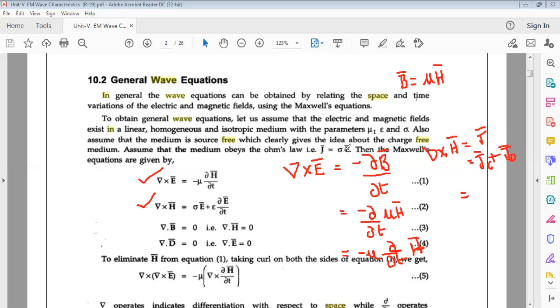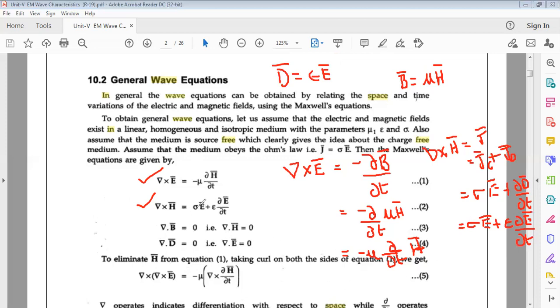From Ohm's law, JC is equal to sigma into E bar, plus JD bar is dou D bar by dou T. The second term can also be written in terms of E bar, epsilon into dou E bar by dou T, because D bar is equal to epsilon into E bar, and epsilon is a constant, so it comes outside.